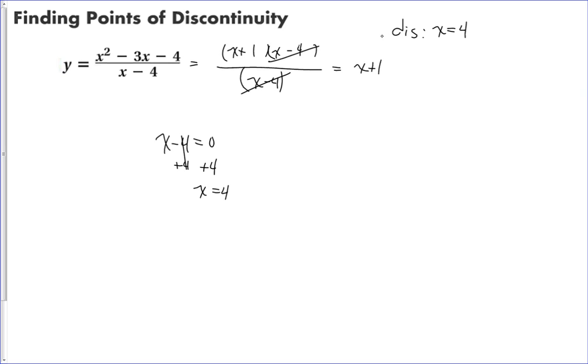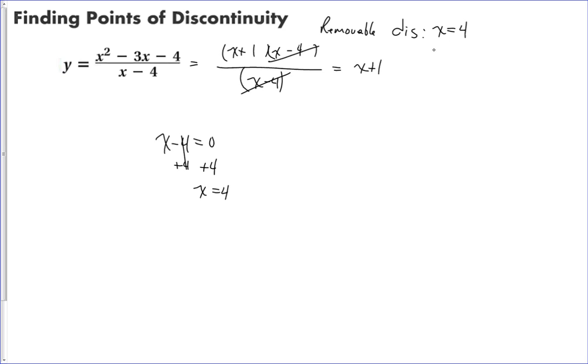Since we can cancel it out, that tells us that we have a removable discontinuity at x equals 4, because we can physically get that out of the equation. So we have a removable discontinuity at x equals 4.